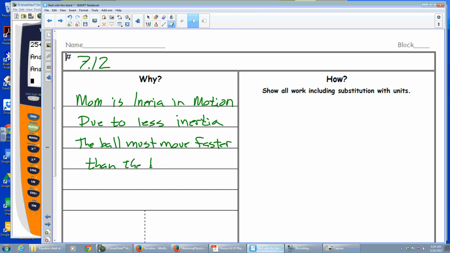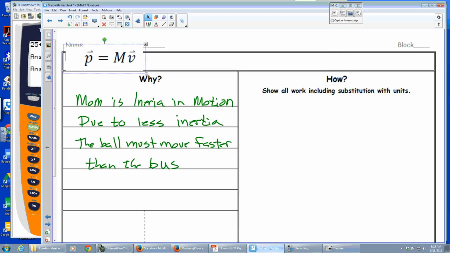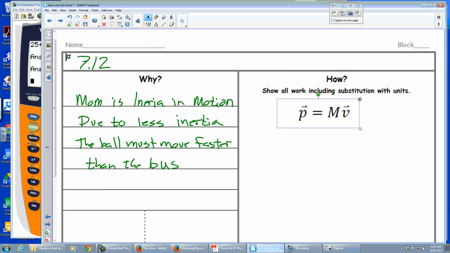So I'm expecting them to have the same momentum. That means the ball has to move faster than the bus. I will grab my momentum equation. First, the momentum of the bus.